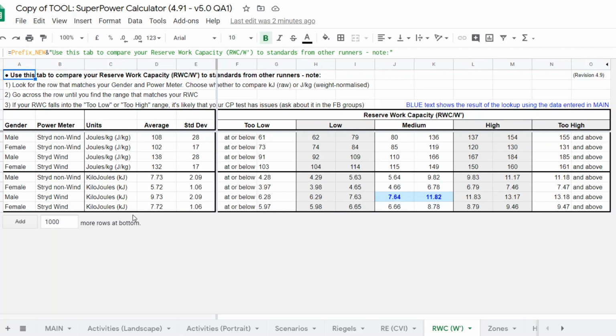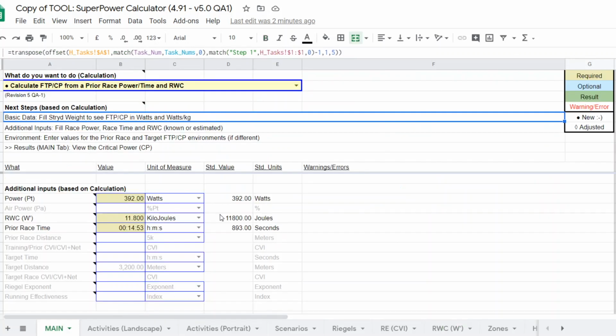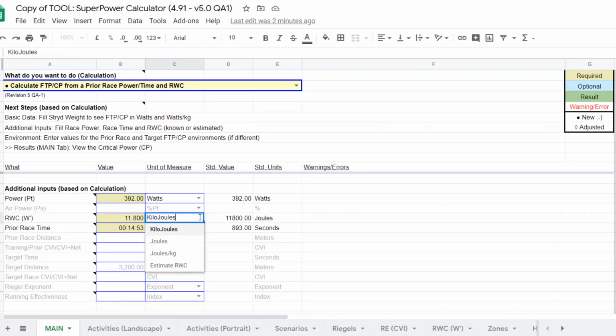We have every permutation, male, female, non-wind, wind, and it'll give you this medium range. That's what we will use if we select estimate reserve work capacity.